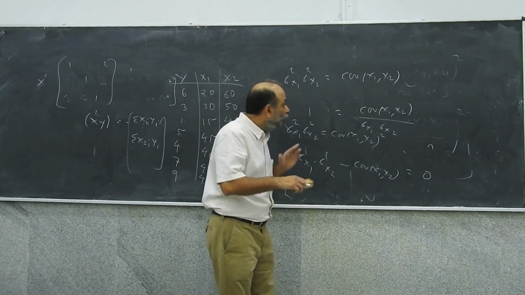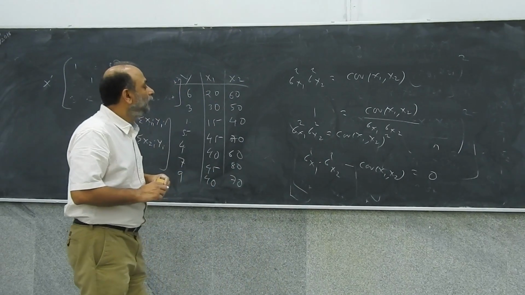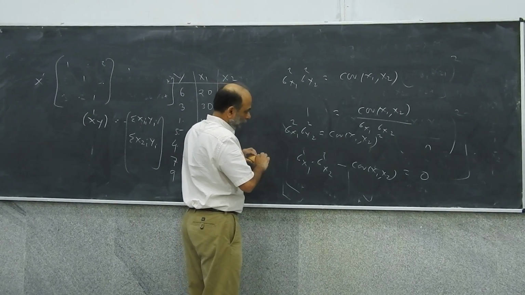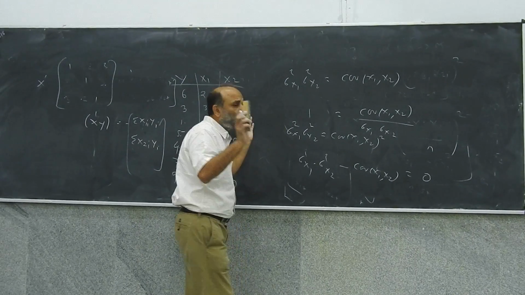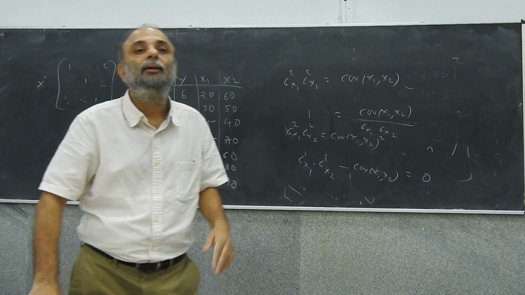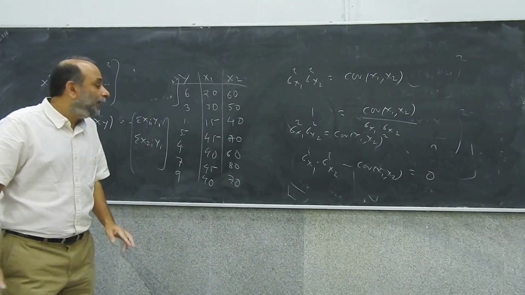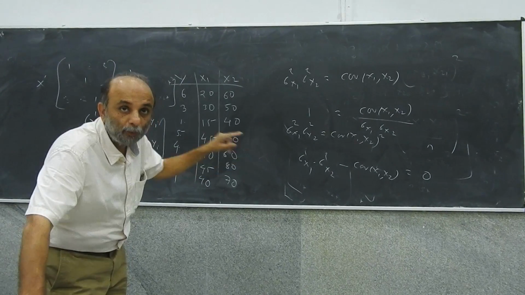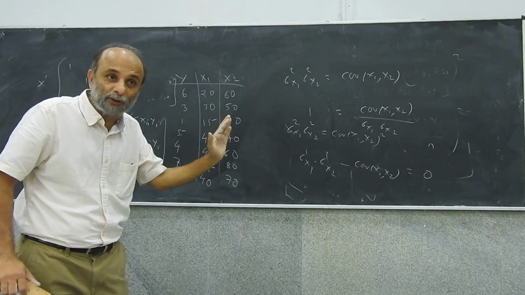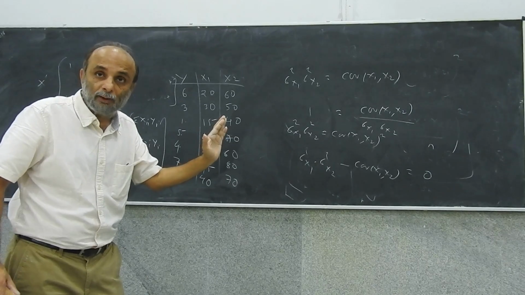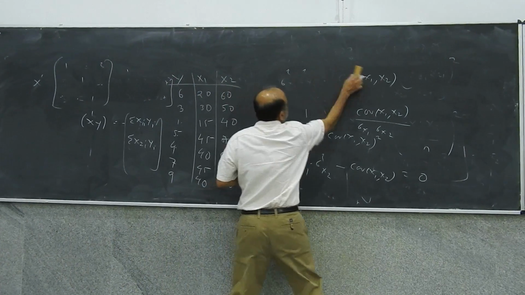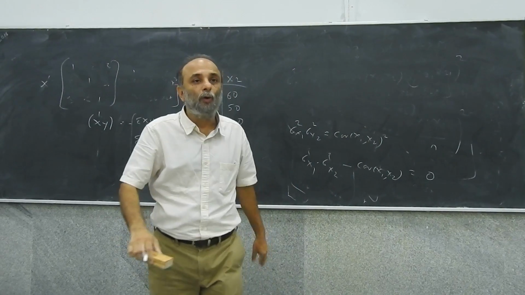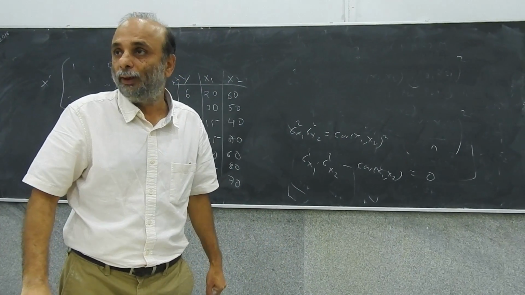So what is it effectively meaning? It says when the determinant of this is 0. Suppose the correlation between x1 and x2 is 1.